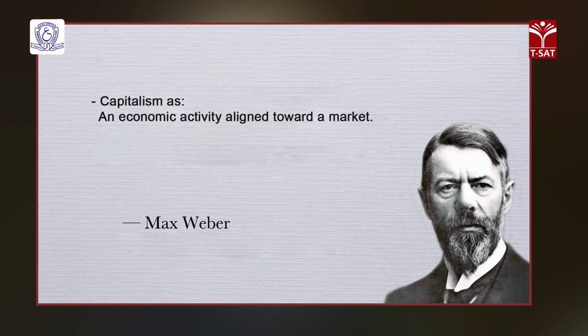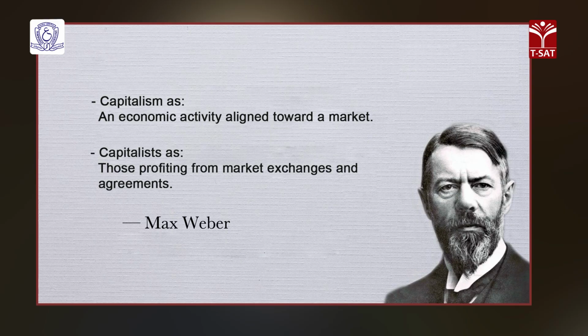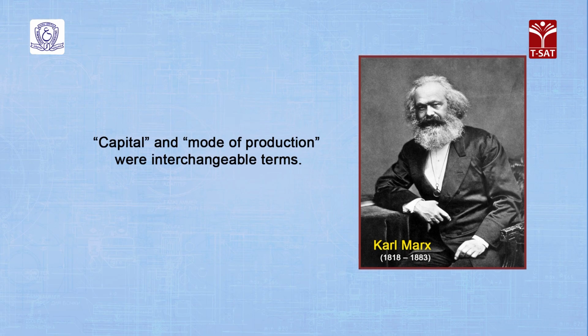Max Weber defined capitalism as an economic activity aligned towards a market and defined capitalists as those profiting from market exchanges and agreements. Karl Marx, the German philosopher and radical economist, suggested that capital and mode of production were interchangeable terms.